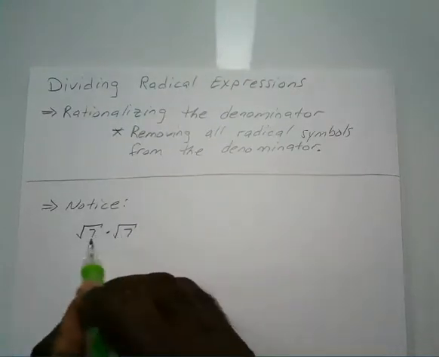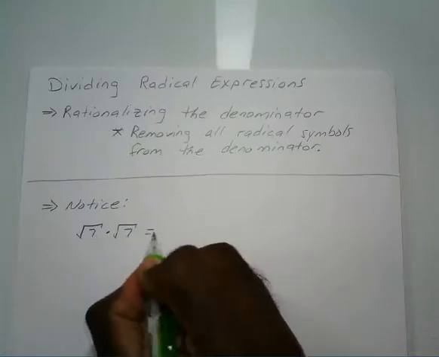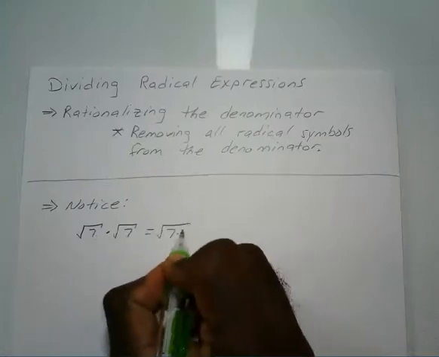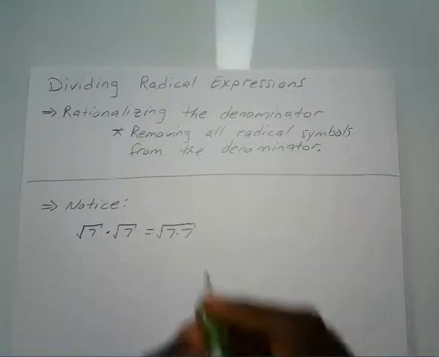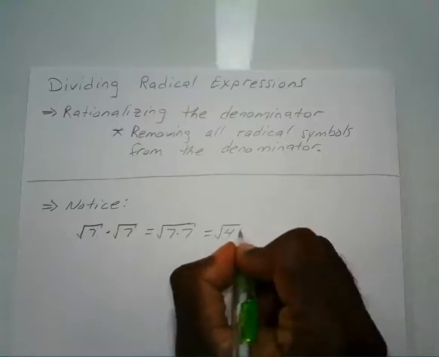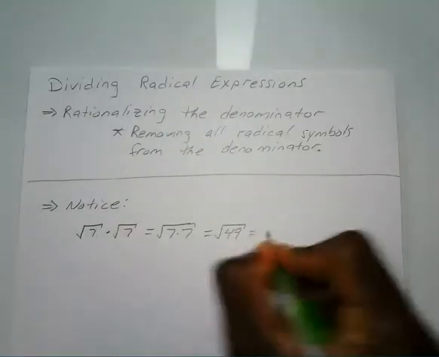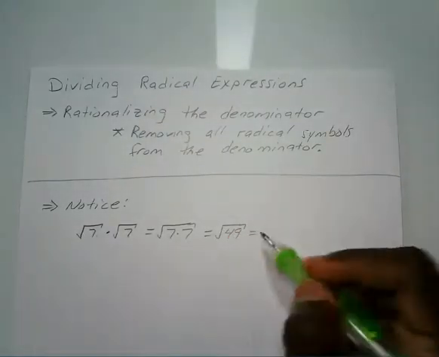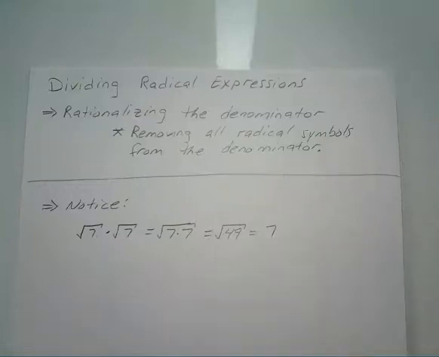Okay, if we put those both under the same radical symbol, that's square root of 7 times 7, which is square root of 49, which is positive or negative 7, but for what we're doing, we're just going to look at the positive value.